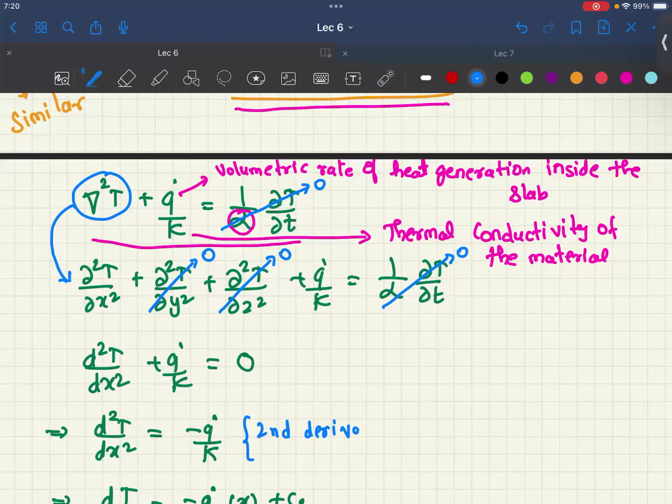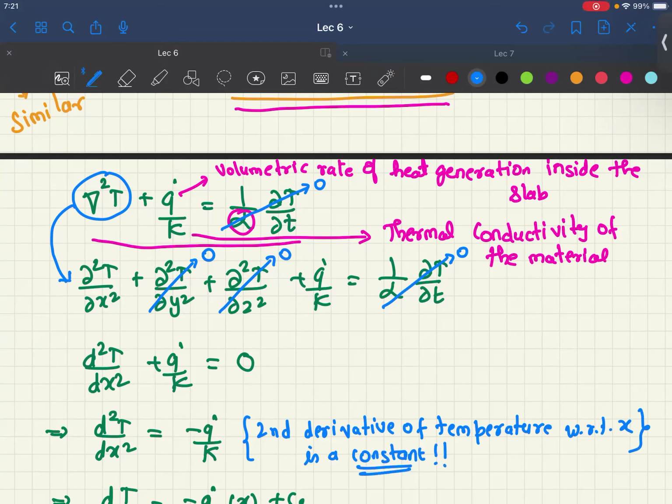Second derivative of temperature with respect to x is a constant, right? When we had this volumetric rate of heat generation equal to zero, in that case this was equal to zero.